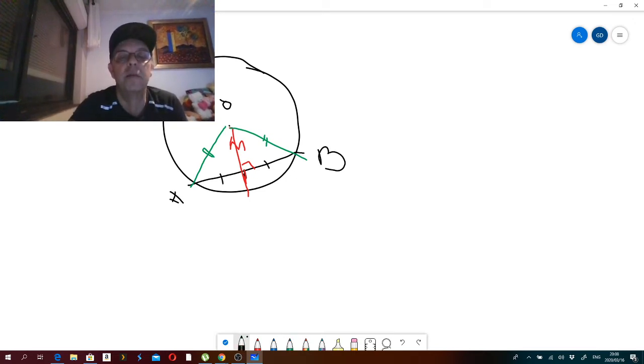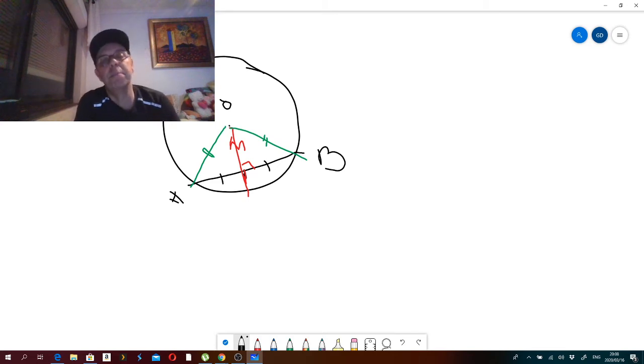And the reason for that is that they told us that M was the midpoint. In other words, it cuts AB in half. Therefore, AM and MB must be equal lengths. Now, thirdly, you can see that the line OM is shared by these two triangles, the triangles AOM and BOM. Are you happy with those ideas?